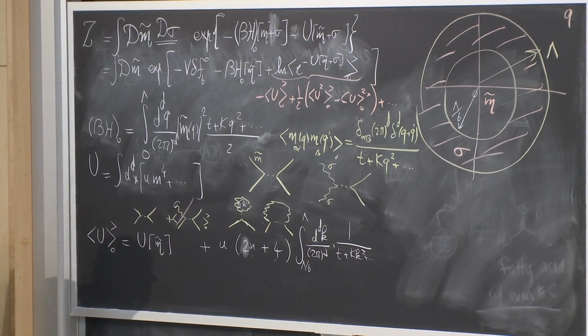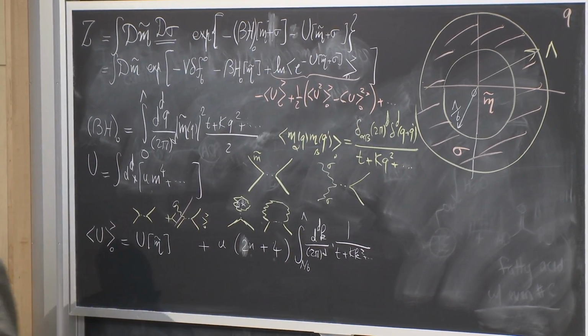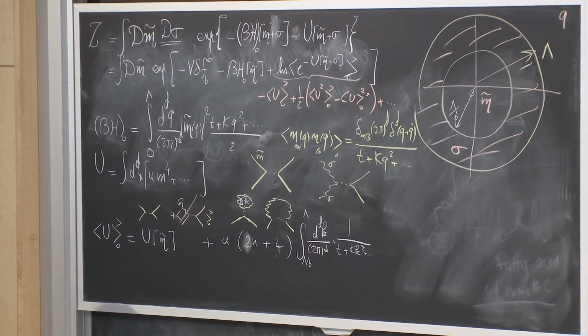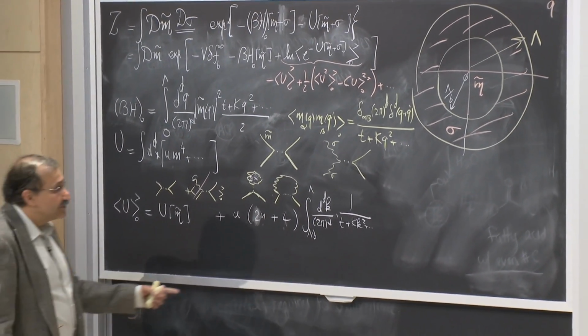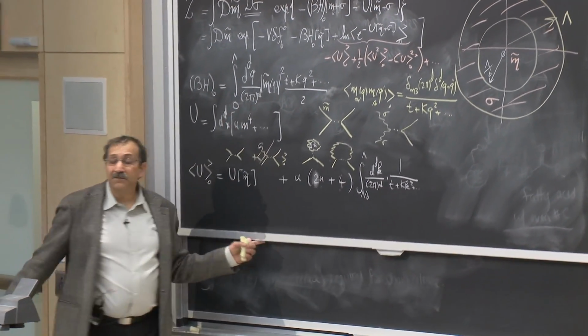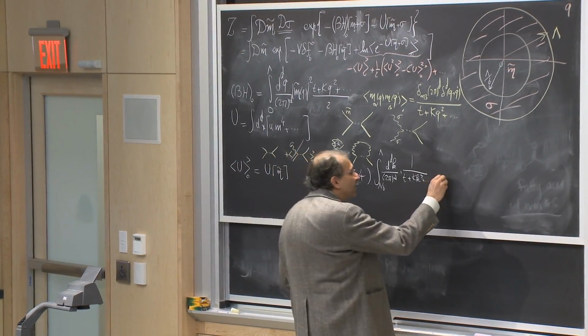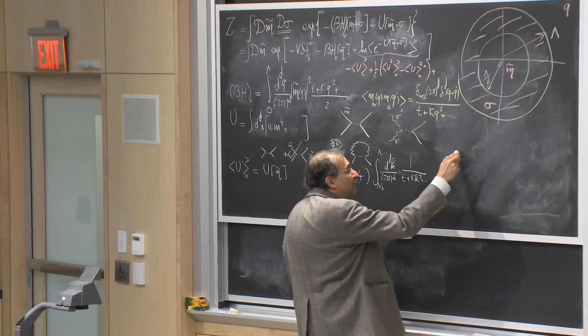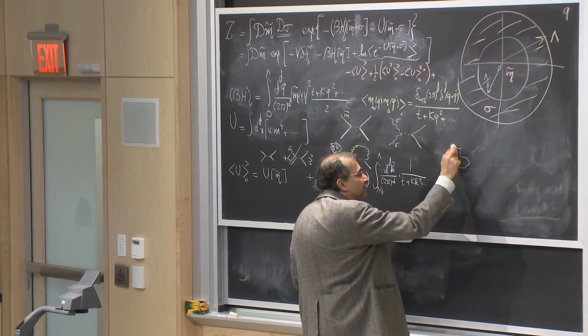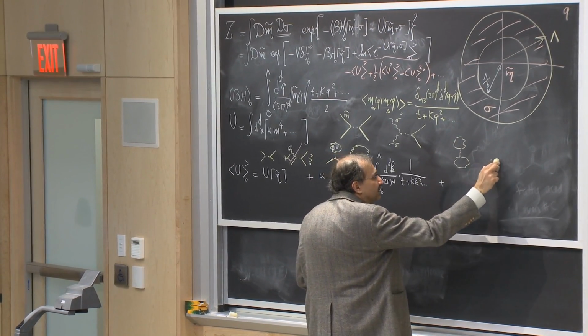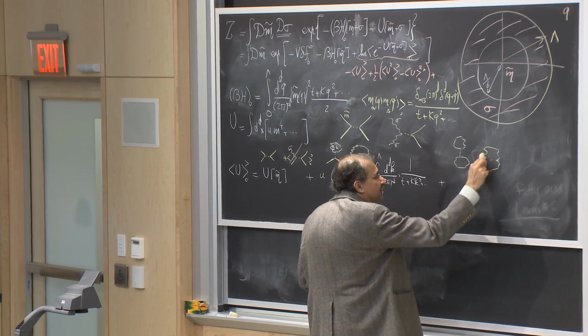There were diagrams then with 3 wavy lines, which again gave me 0, because the average of an odd number with a Gaussian weight is 0. And then there were a bunch of things that would correspond to all legs being wavy. There was something like this, and there was something like this.